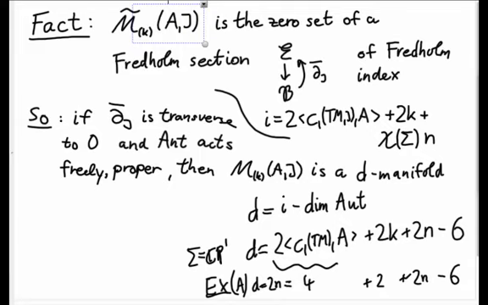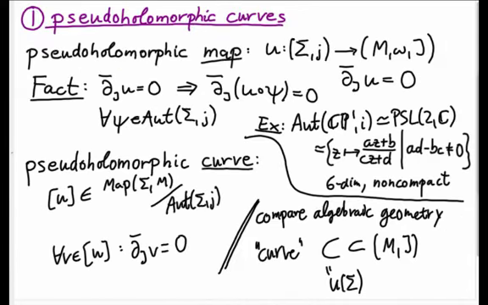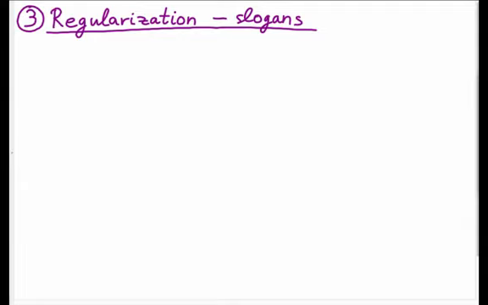Okay. So there's a lot of language. Now comes a time when I need to say some fuzzy things that will be the goal to explain. When you have one of these moduli spaces flying around and you'd like to count it, or you'd like to prove that there are curves in it, you ask some wise people and they will say something that might sound like some of these slogans.